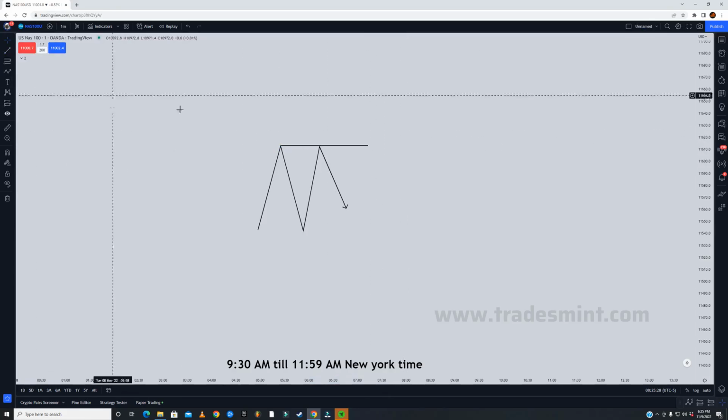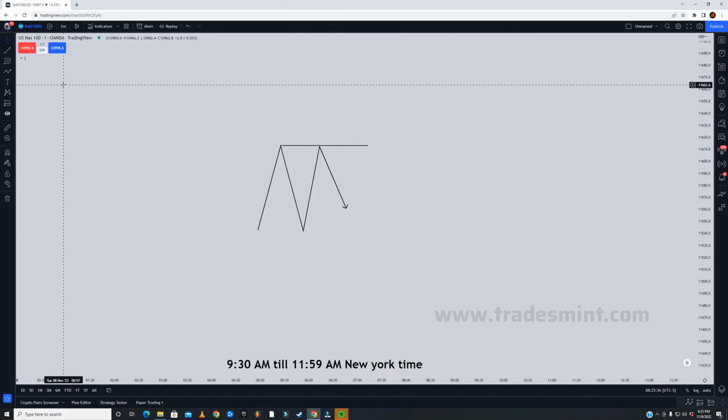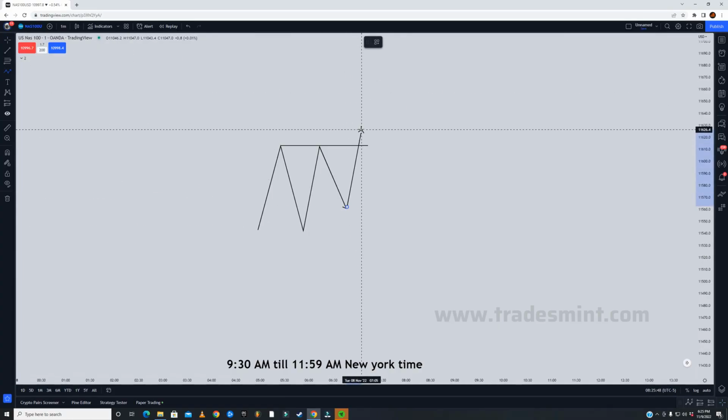It could be any sort of liquidity. It could be equal highs, a major swing high or swing low, a daily high, daily low, or previous day high, previous day low. It could be a weekly high, a weekly low. So any sort of liquidity, and then you wait for price to sweep the liquidity.